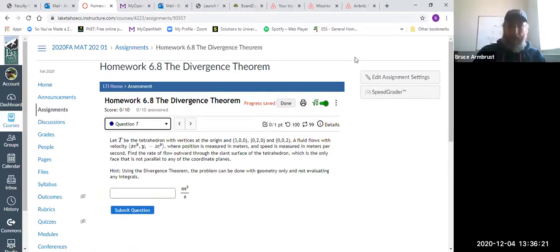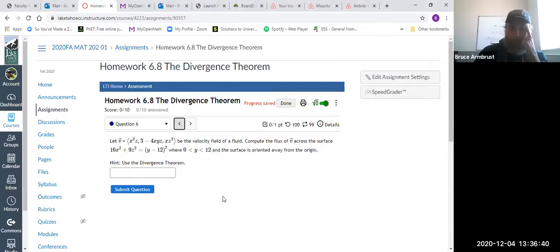Okay, number 7 is actually really similar, so maybe we'll do that one because that's definitely different. Oh, we did number 5. Okay. All right, well, 6 is going to be a similar setup.